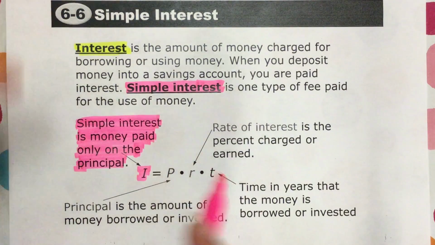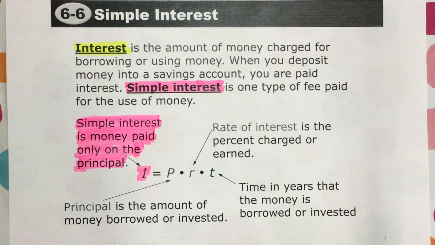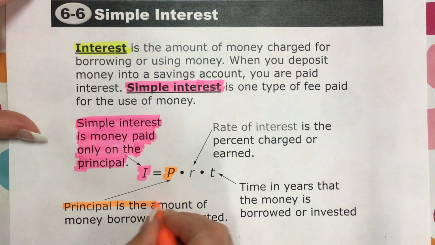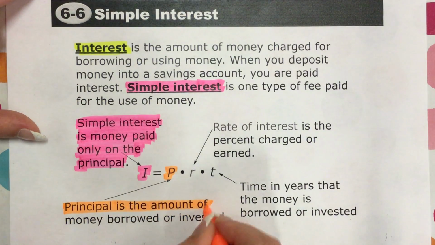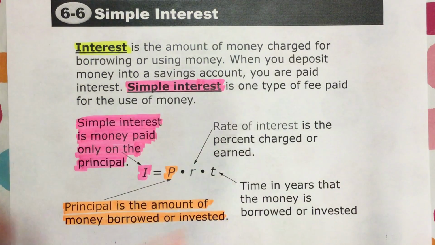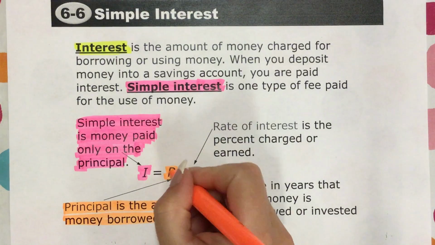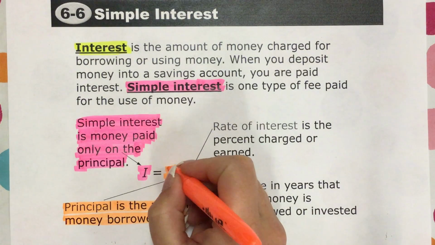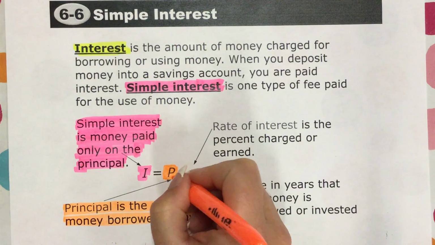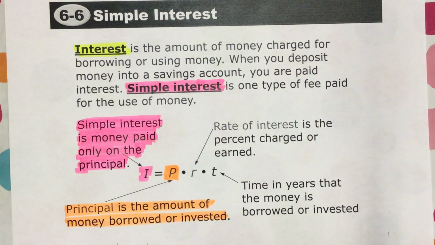So the principal is P right here. The principal is the amount of money borrowed or invested. That is the principal. So if you are about to put money into something, whatever money you put in there initially, or the money you put in just regardless, that is called the principal.